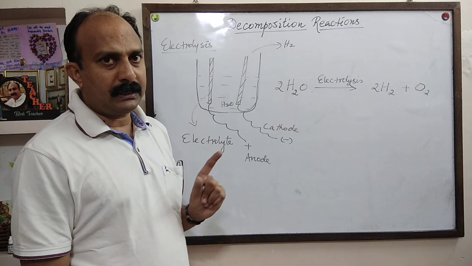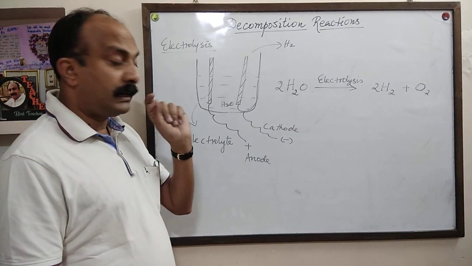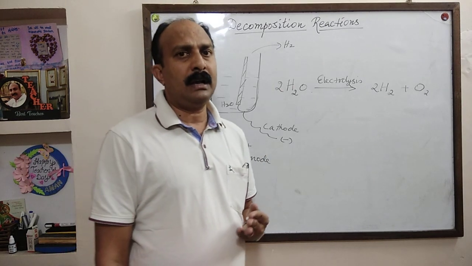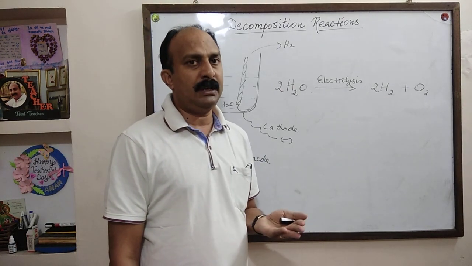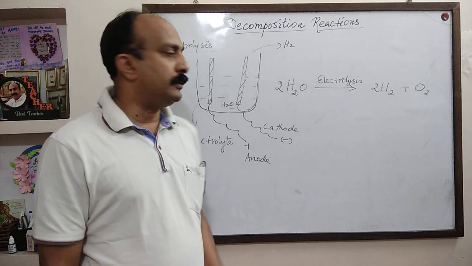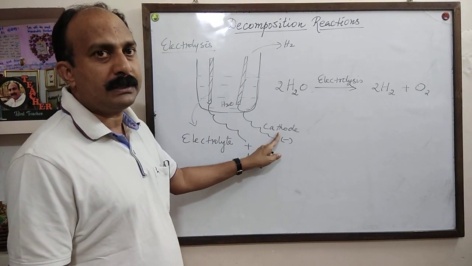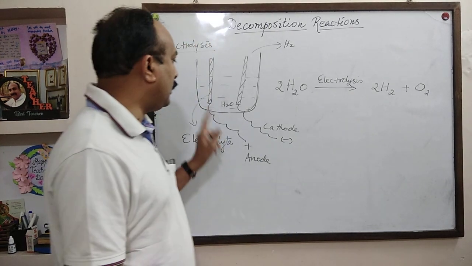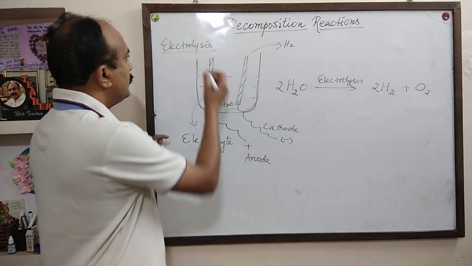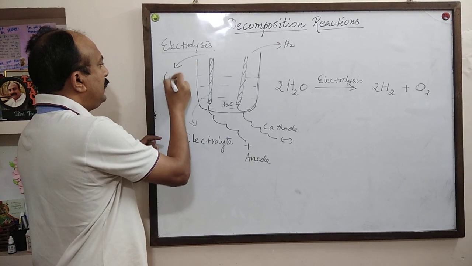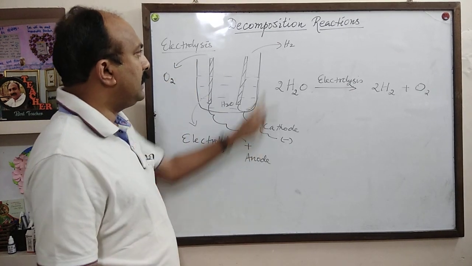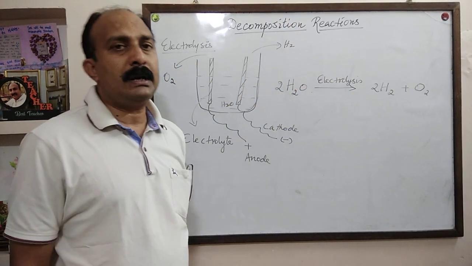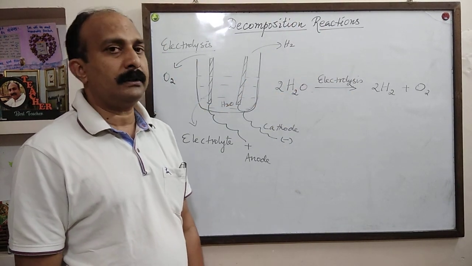So always remember, the metal ions which are positively charged, or the substances which are positive in nature, will always be deposited at cathode during electrolysis. And the negative ion will always be deposited at anode. So oxygen will be deposited at anode and hydrogen will be deposited at cathode. This process is known as electrolysis of water.